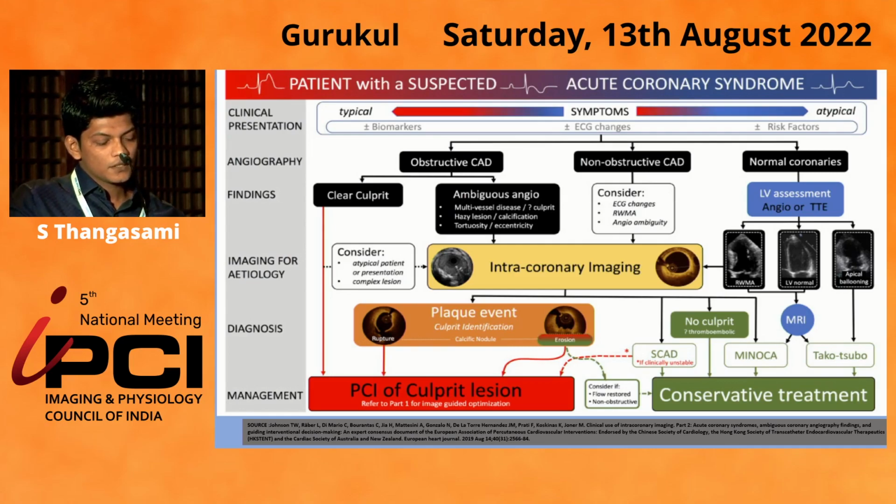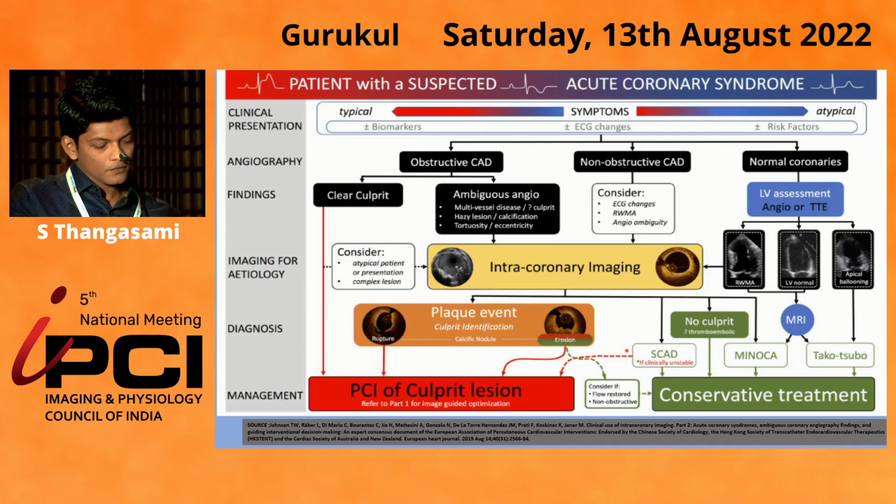If intracoronary imaging shows a culprit plaque rupture, the patient can proceed for PCI. If there is a plaque erosion, the patient can proceed for PCI if the minimal lumen area is very low or the flow is not adequate. If the flow is good and the minimal lumen area is good, then the patient can proceed for conservative management.